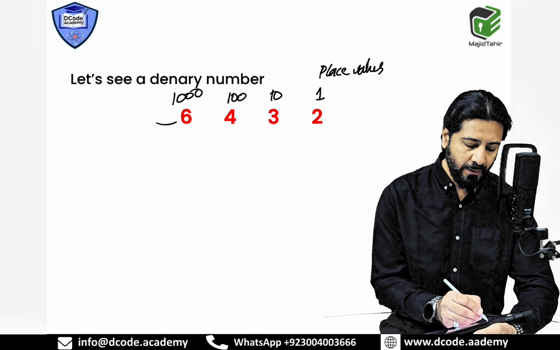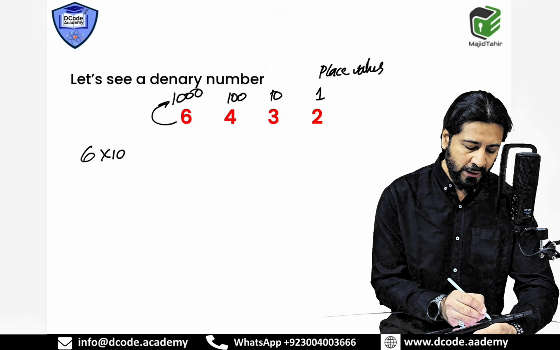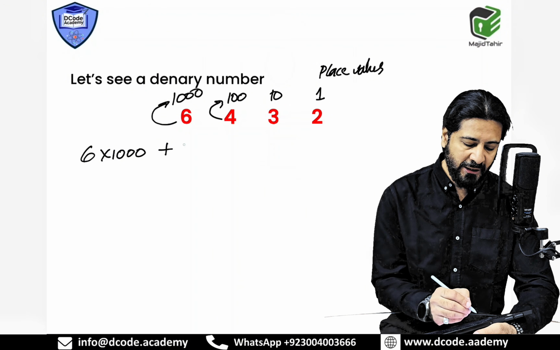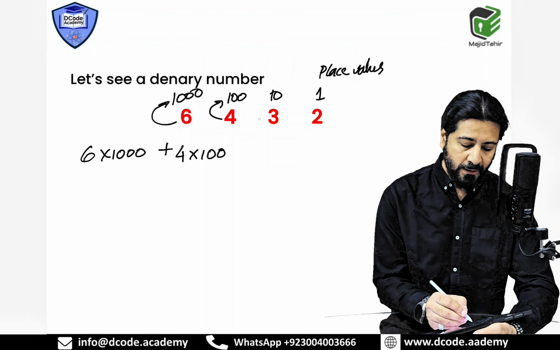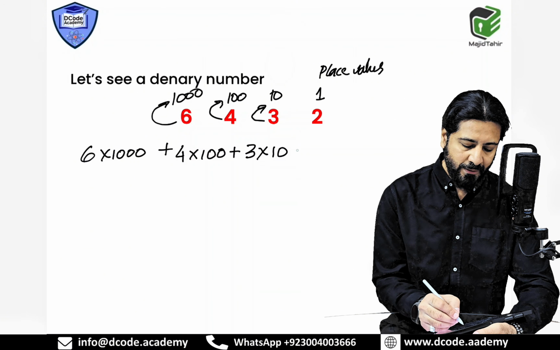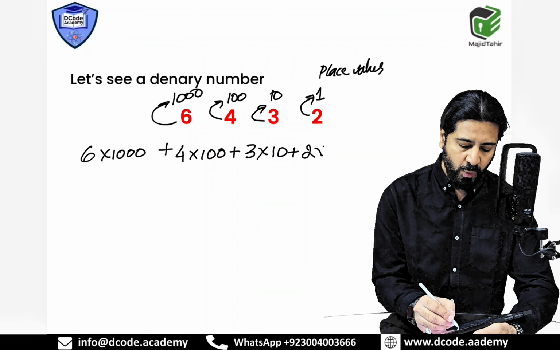So we know that a digit gets multiplied by its place value. So 6 into 1000, and we have to add that. 4 gets multiplied by its place value, which is 4 into 100. 3 gets multiplied by its place value, which is plus 3 into 10. And 2 gets multiplied by its place value, which is plus 2 into 1.